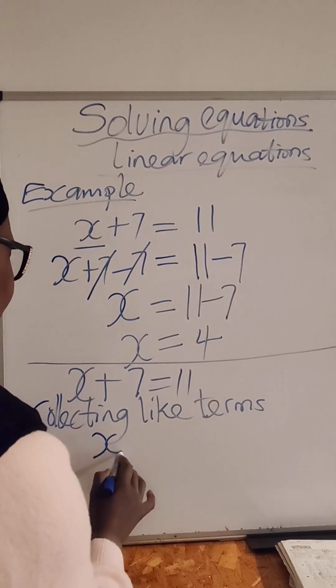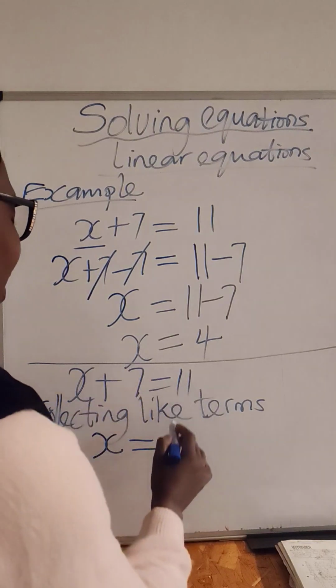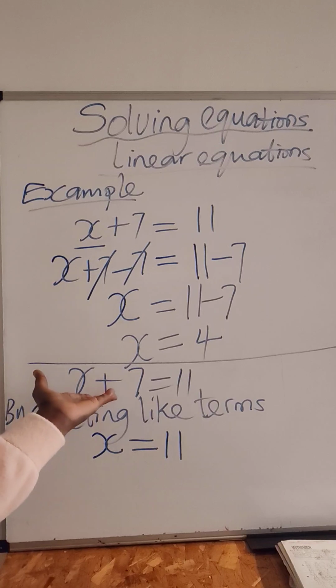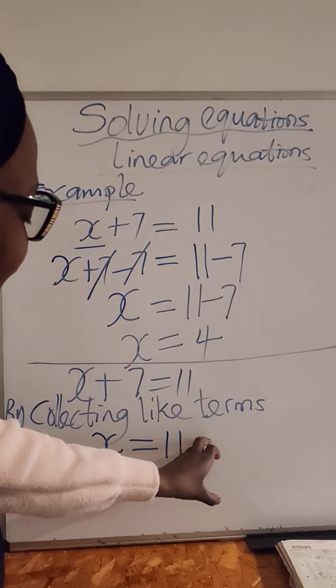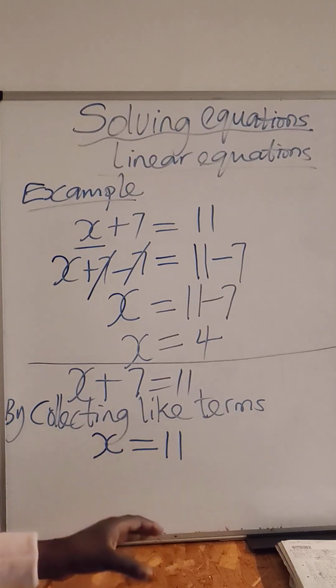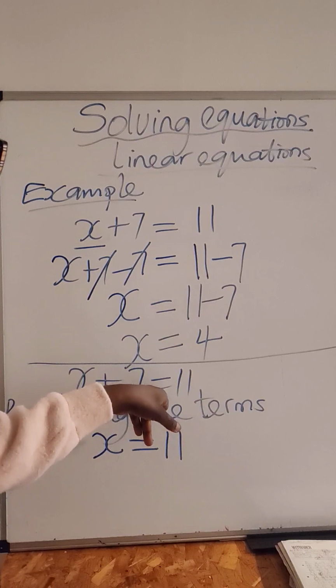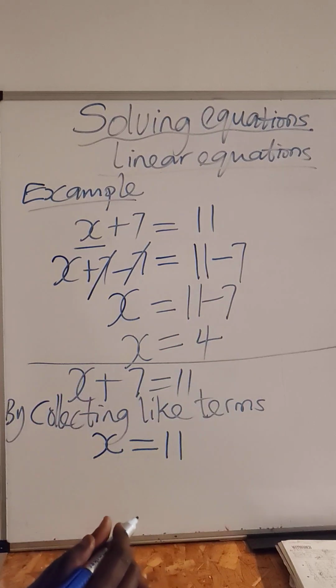So x being here, we write the equal to sign. 11 is on the right hand side already, so we need to bring this plus 7 to 11 on the right hand side. And the moment this plus 7 crosses the bridge of equal to meet 11, the sign changes.